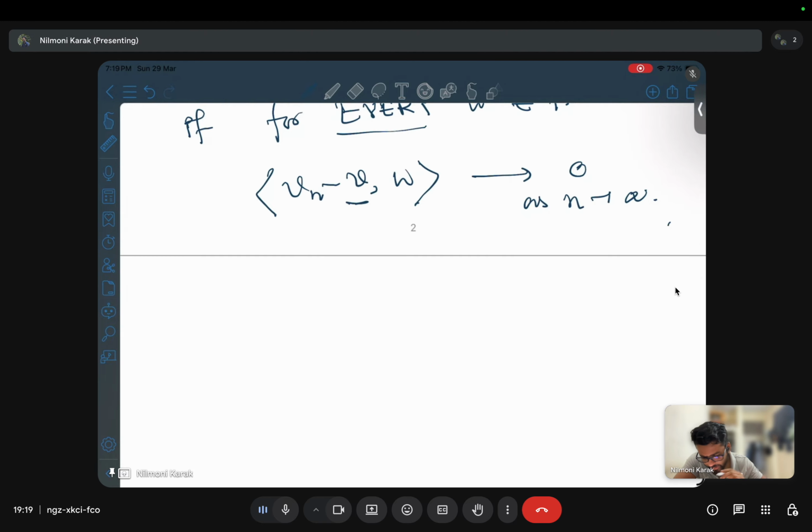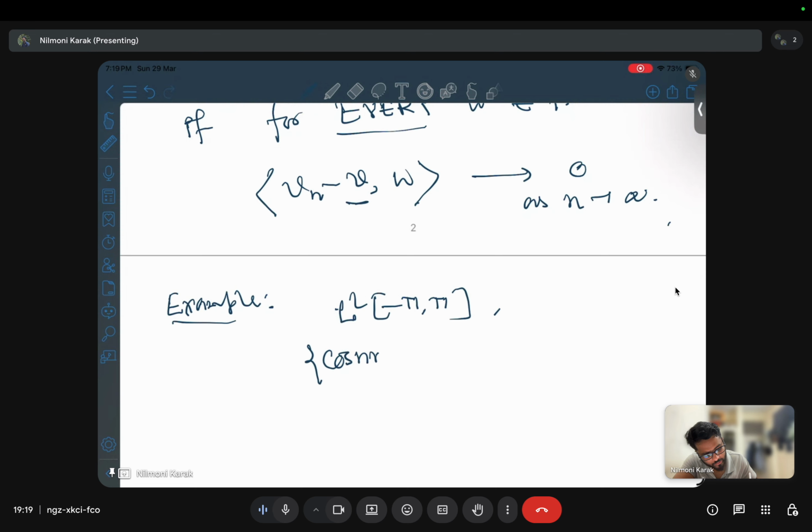For example, if we consider the Hilbert space L2 of minus pi to pi, then consider cos nx and sin nx. This sequence is orthonormal, right?